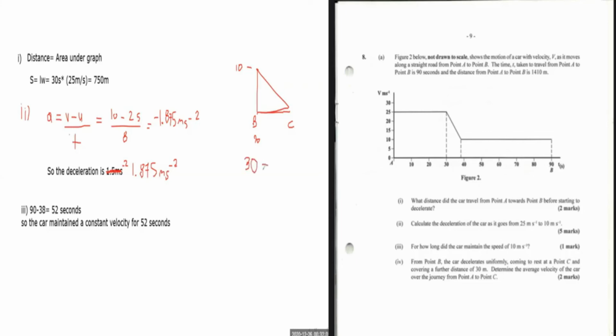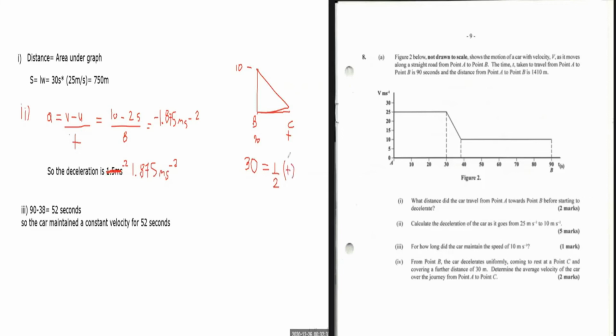If the area under the graph is 30, we know the area of a triangle is a half the base times the height. The base is t minus 90, or let's just call that distance t.